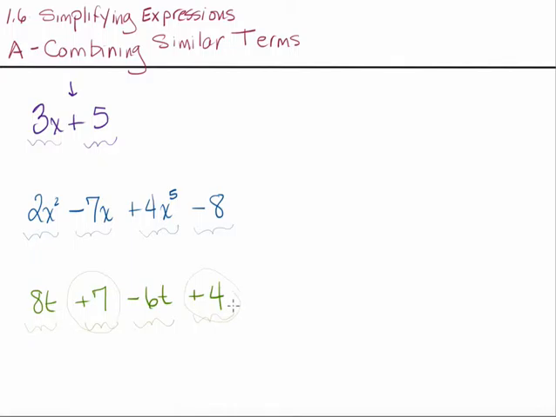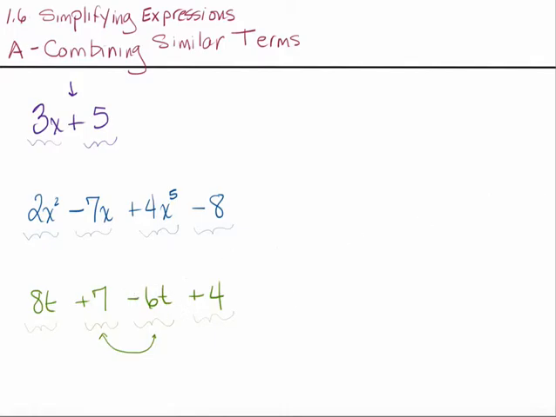There's no variable on these terms. They're just 7 and 4. Using the commutative property of addition, I could reverse the order of these two terms. When I do this, I need to be very careful, at least mentally, to think of this as plus negative 6t.